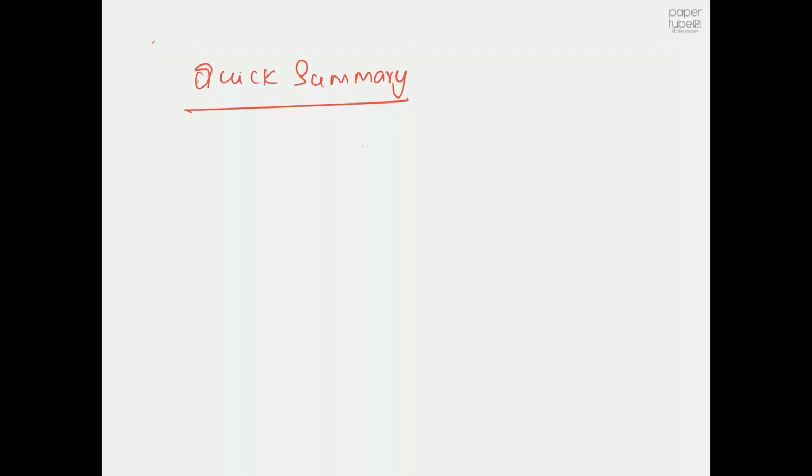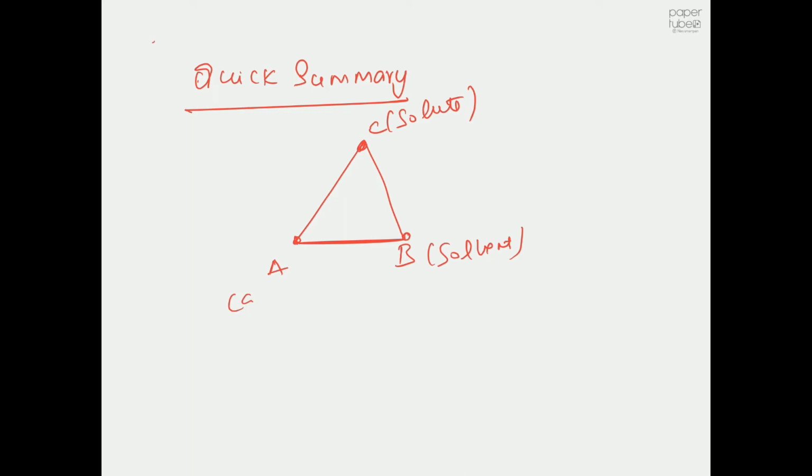I thought to quickly summarize whatever we studied so far in this lecture, because this is a bit tricky one, so I thought it's not a bad idea to summarize everything. We already learned how to plot an equilateral triangle. I said which notations we should use: C is your solute, B is your solvent, and A is your carrier liquid.